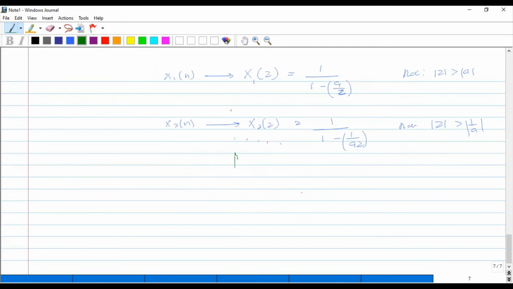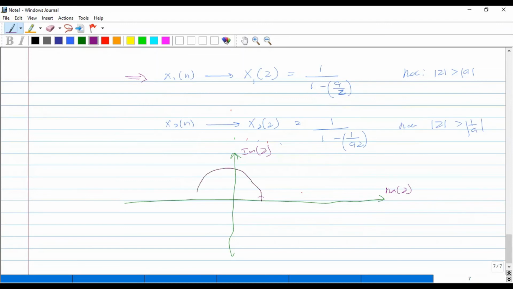Here is my imaginary axis of z, and here is the real axis of z. If I mark the ROC for the first case, I have z greater than a.